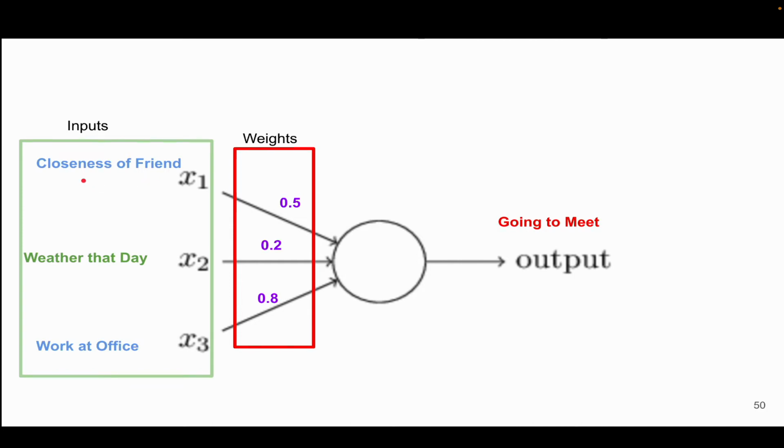If the friend is not very close, a friend of a friend, so we are not much close, I will take it as 1 or 2. For weather that day, if it is a very bad day, I will take it as 1. If the weather is very cool, windy and a little rainy, then I'll definitely rate it as 10.